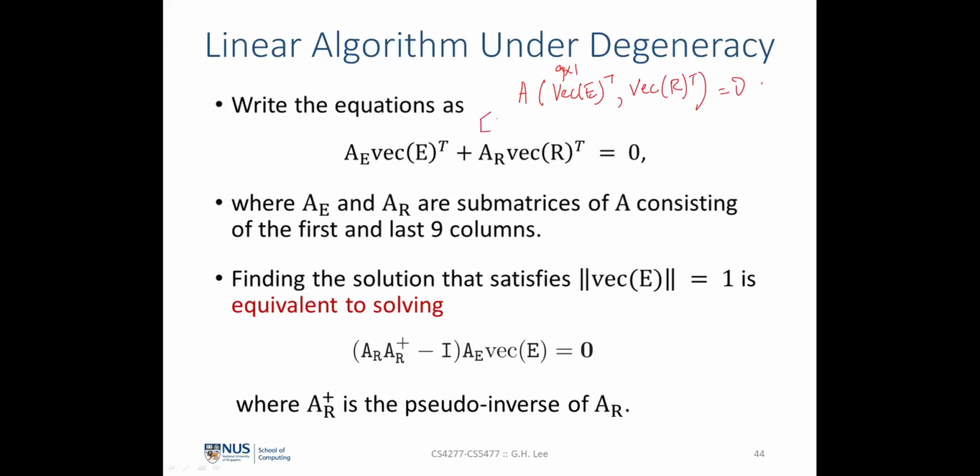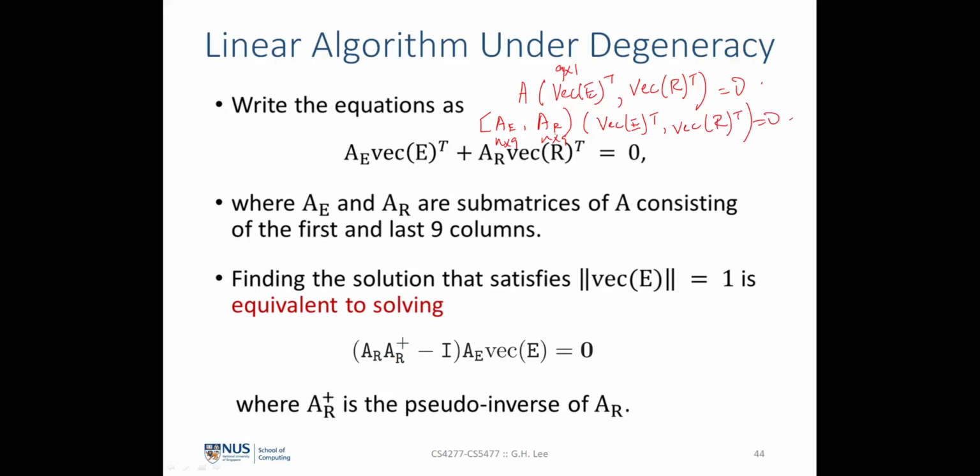This means that I can write A as AE and AR over here, where AE is the first m by 9 entries of A, and AR is the next m by 9 entries of A, and these can be multiplied by the same vector of E and vector of R over here.